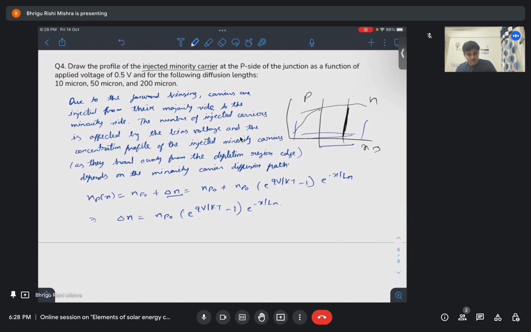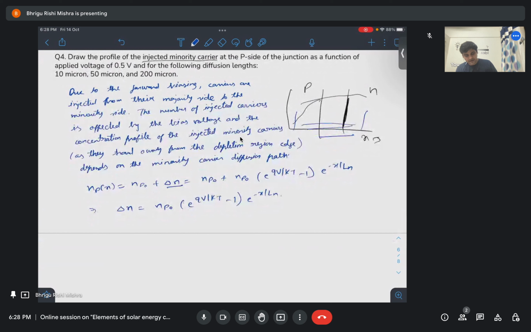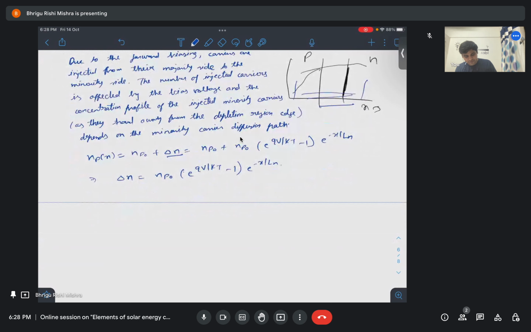So first let's calculate the quantities which we can easily get. The applied voltage V is 0.5 volt, and temperature we can take as room temperature, so 273 plus 27, that is 300 Kelvin.